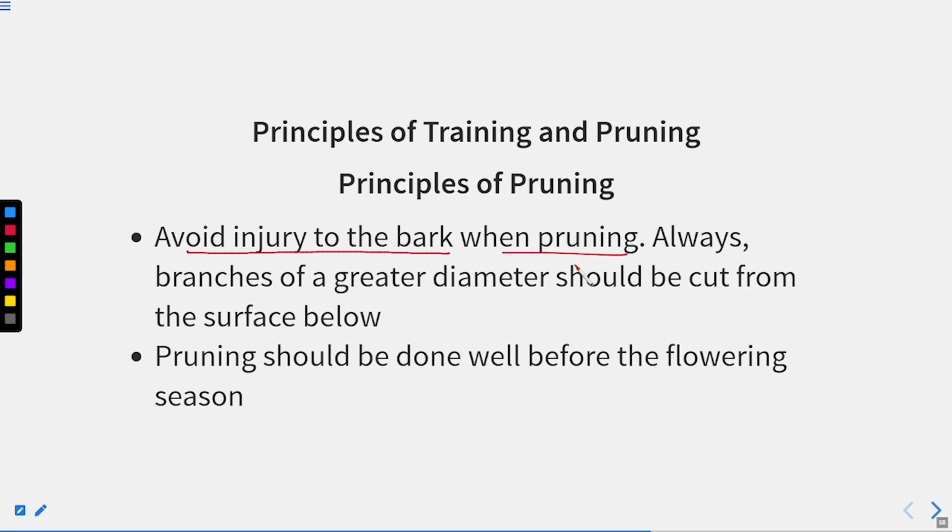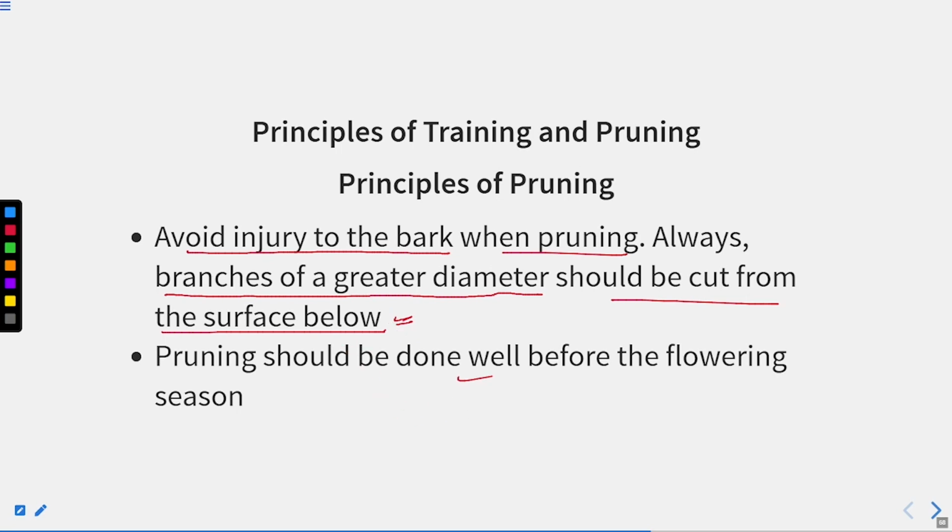Your motto is just to cut the branch, right? But the cutting of the branch should not be done in a way that harms the bark of the tree. Always, the branches of a greater diameter should be cut from the surface below. It should not be cut at a distance. Cut from the surface below.